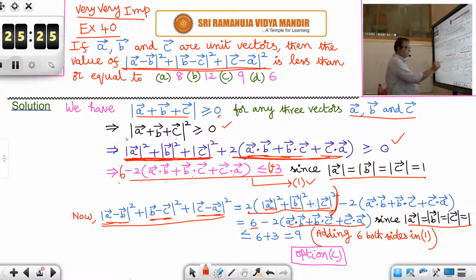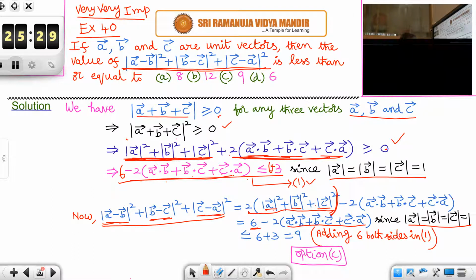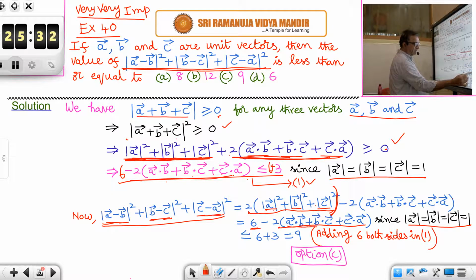so this quantity, whatever is on the left side, is here now: 6 minus 2 into sigma a bar dot b bar. Okay, this quantity and this quantity are same. It is less than or equal to 6 plus 3, 9. So this required quantity is less than or equal to 9.